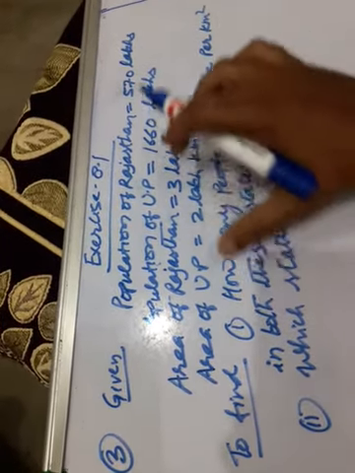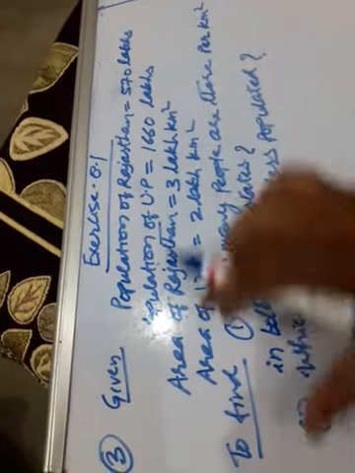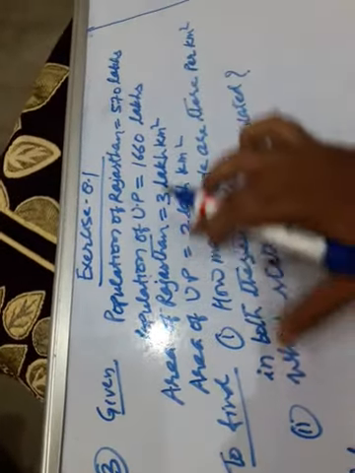First, it is given the population of Rajasthan is 570 lakhs. Population of UP is this much. Area of Rajasthan is given.